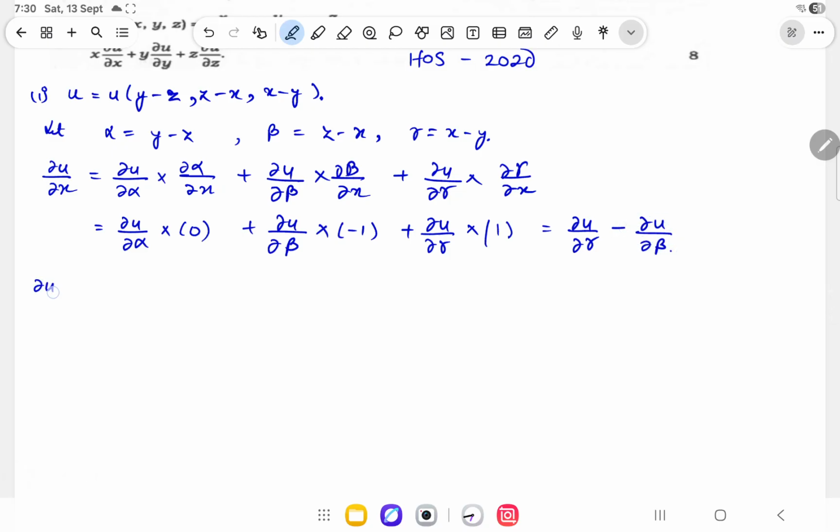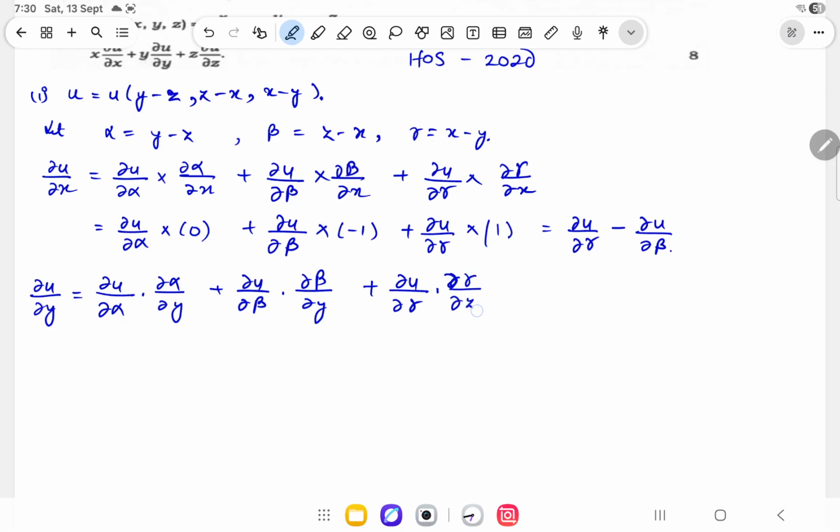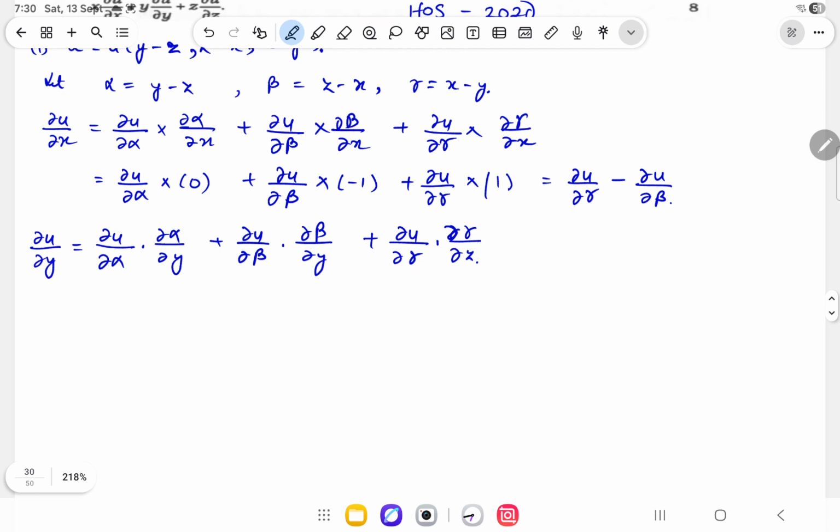Likewise we can find del u by del y. So this will be equal to del u by del alpha into del alpha by del y plus del u by del beta into del beta by del y plus del u by del gamma into del gamma by del y.